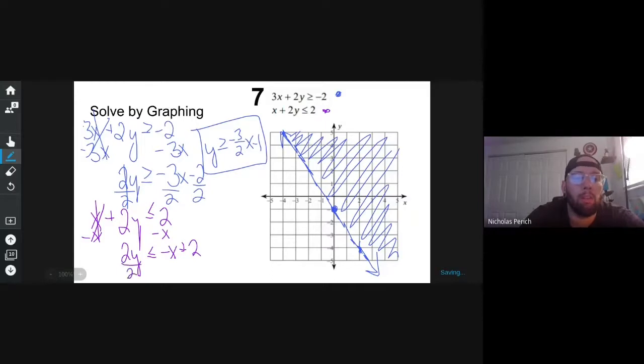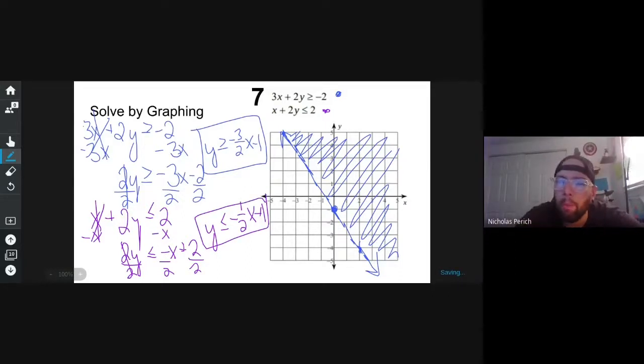Divide everything by 2. Divide that invisible negative 1 by 2. Y is less than or equal to negative 1 over 2, or negative a half, x. 2 divided by 2 is 1. So there's my other equation that I have to graph.